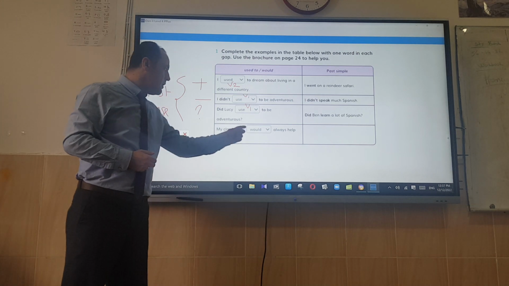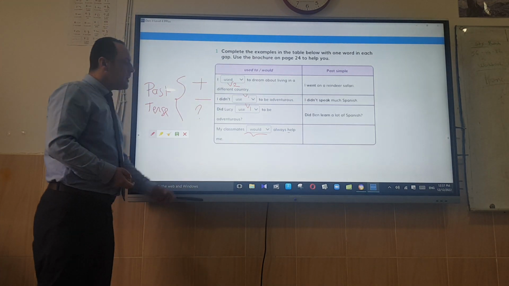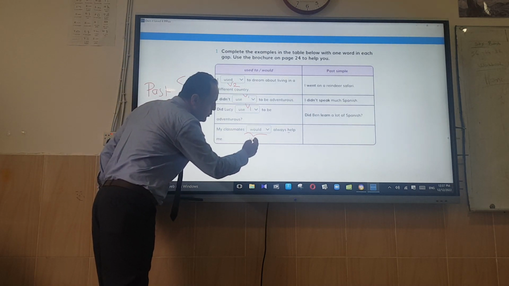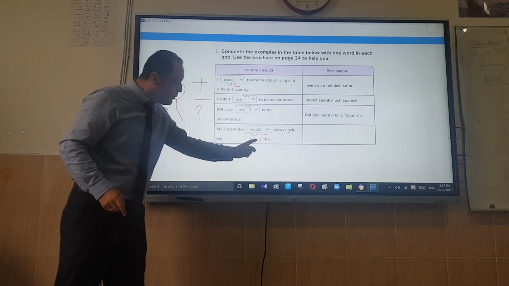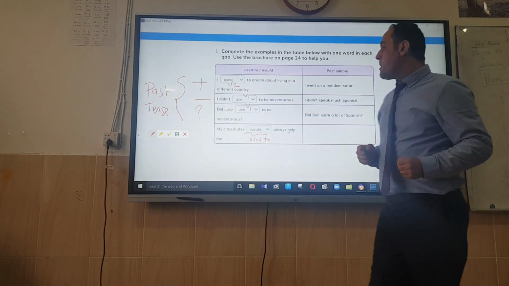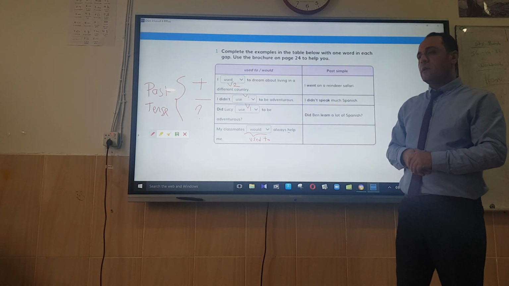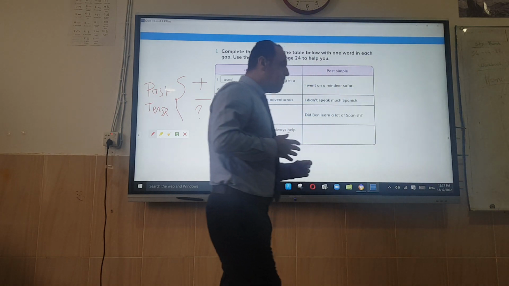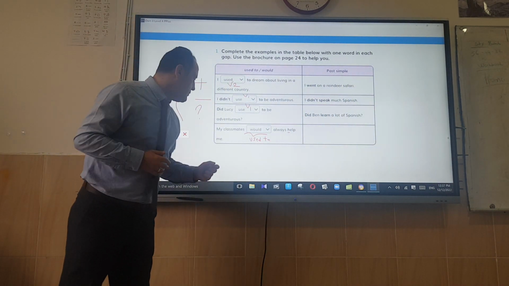Okay, would has the same meaning as used to. So what is the difference between them? Used to is used for all of the active verbs, but didn't used to and would are used only with stative verbs.